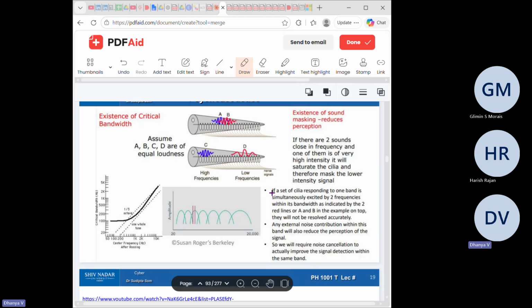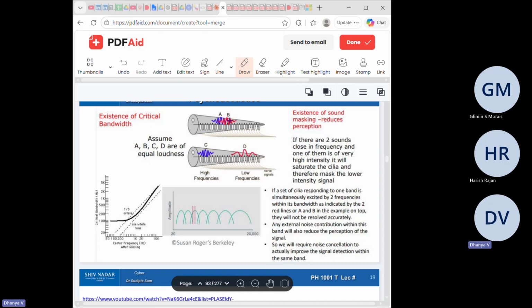And then, if a set of cilia corresponding to one band is simultaneously excited by two frequencies within its bandwidth, as indicated by two red lines, A and B in the example on top, they will not be resolved accurately. Okay, so with the same frequency level, you can't really distinguish between them.